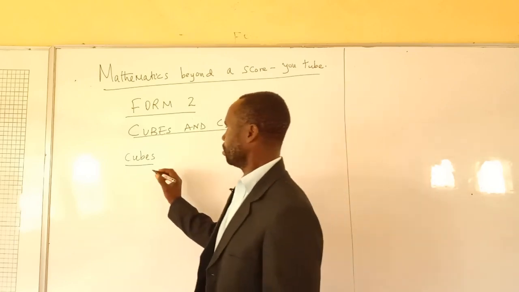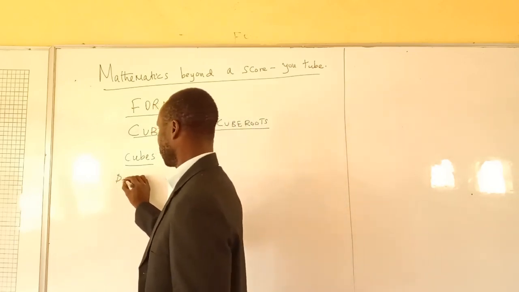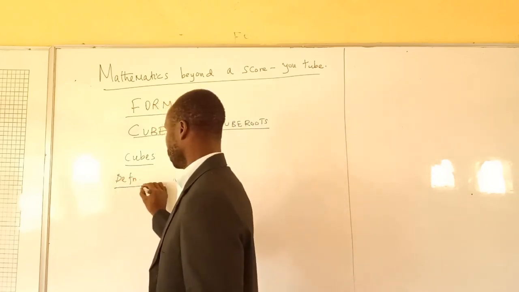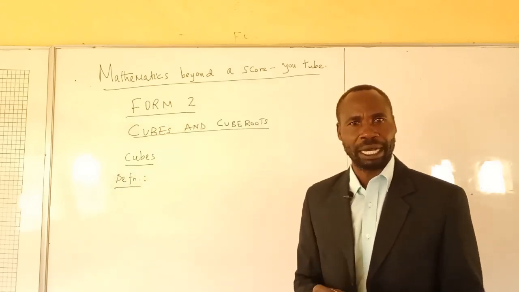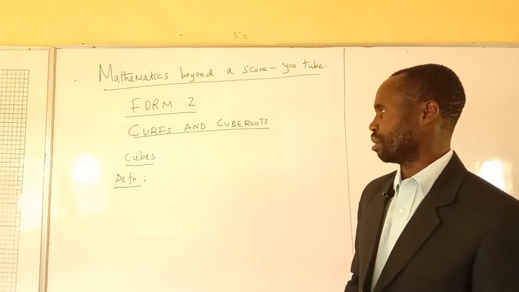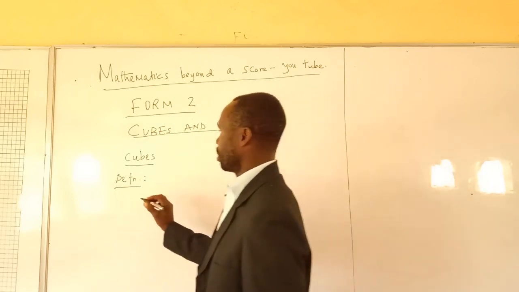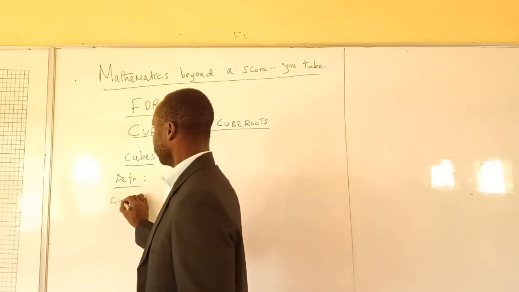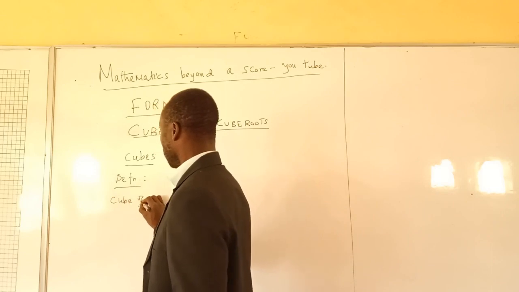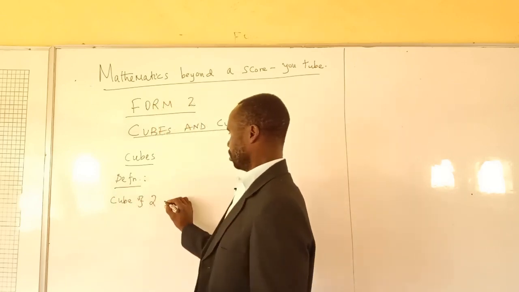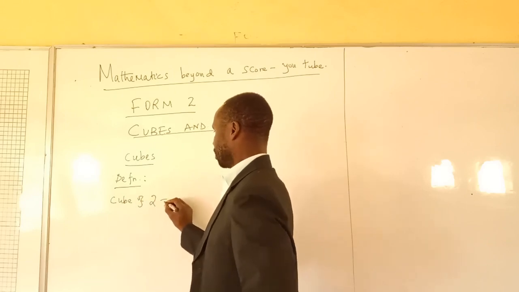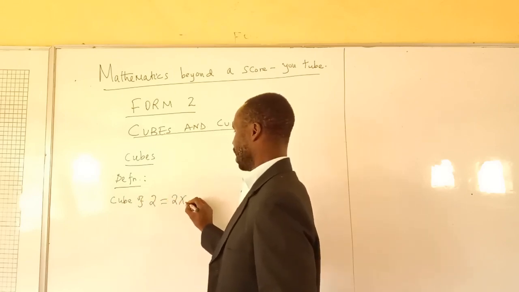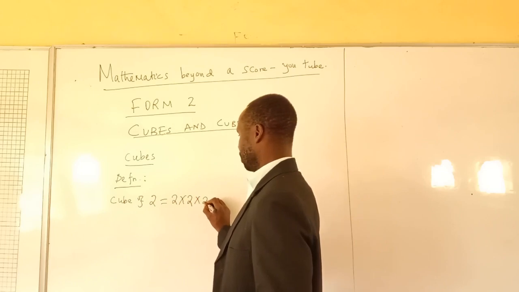So we'll begin by defining what a cube is. A cube is multiplying a number by itself 3 times. For example, if somebody asks you the cube of 2, this means you multiply 2, multiply by 2, multiply by 2.